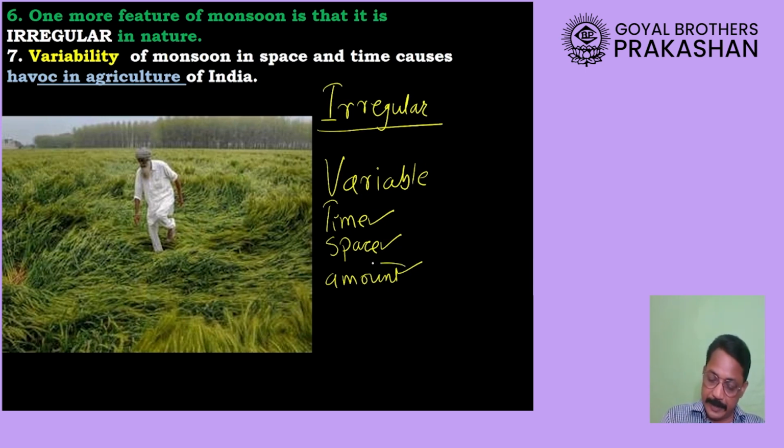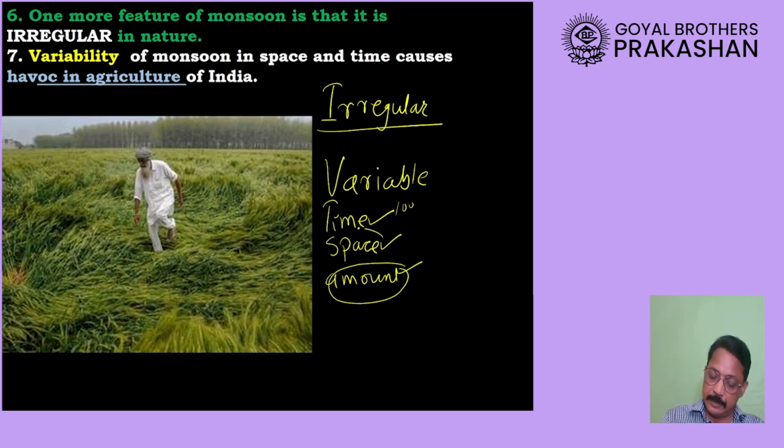So it is variable in amount. Variable in time means that if 100 centimeter rainfall is expected in the month of June, it may not take place in June. It may take 1.5 months, it may take 2 months. So the time is also changed.